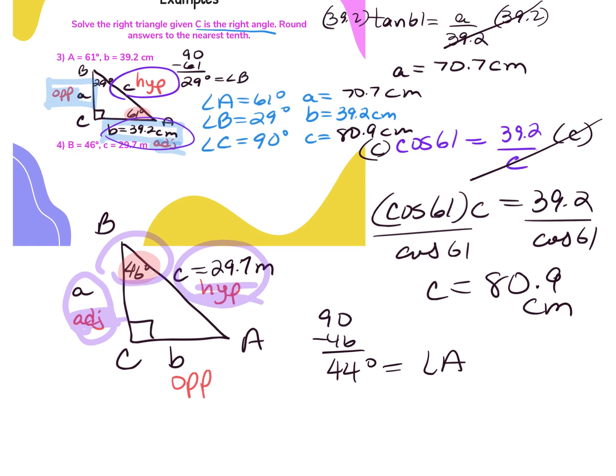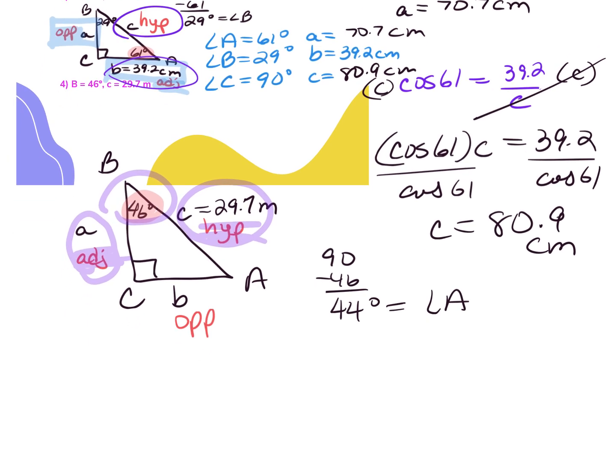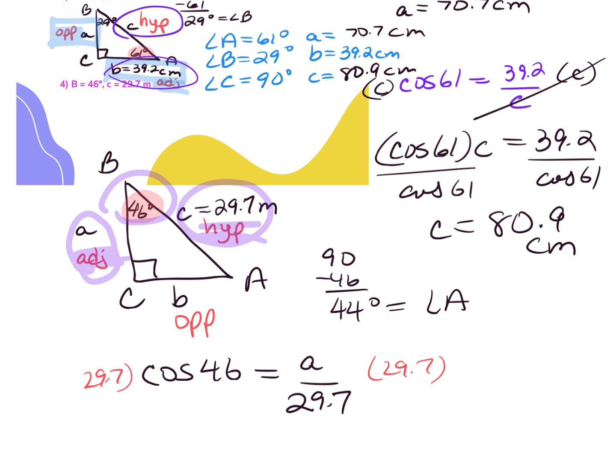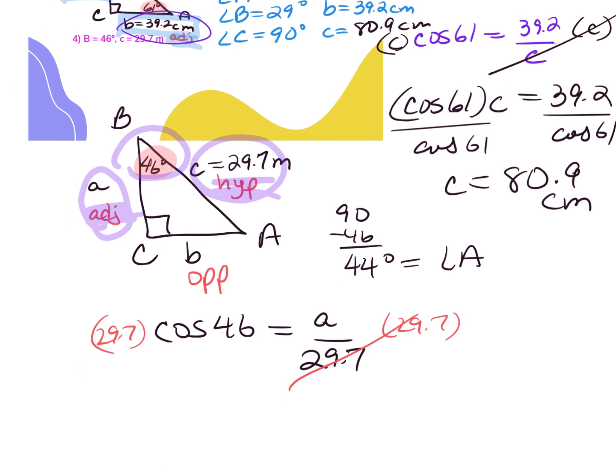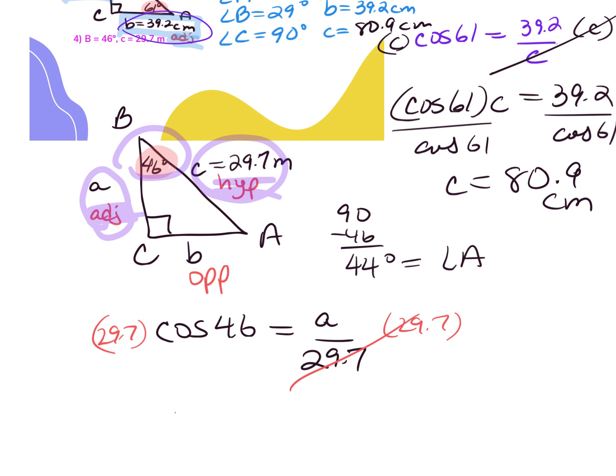And again, it's going to be cosine. So I'm going to do cosine of 46 is equal to adjacent over hypotenuse. I'm going to go ahead and multiply both sides by 29.7. It'll cancel that. So on your calculator, little a is going to be rounded to the tenths place, 20.6.